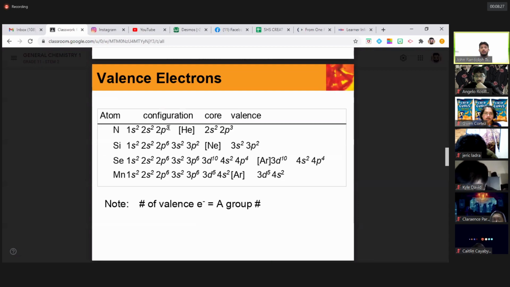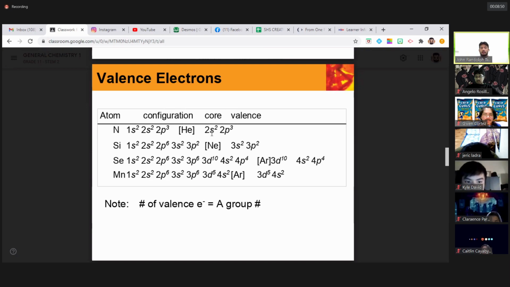This is your expanded electronic configuration. If you're going to use the condensed one with the help of the noble gases, you will just write helium, which is 2. That's your core. Then 2s2, 2p3.